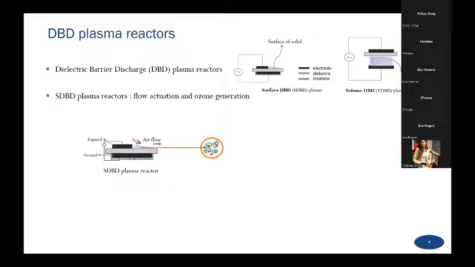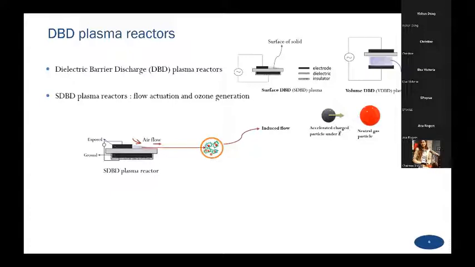What happens when plasma forms in such a situation is, first, there is formation of induced flow. This happens when accelerated charged particles in the plasma area collide with neutral gas particles and there is an elastic momentum transfer, an elastic collision.